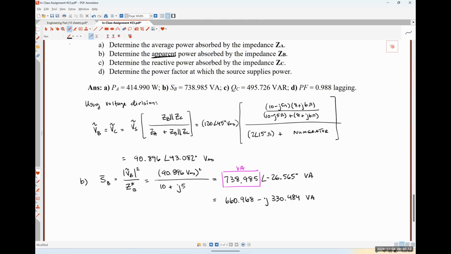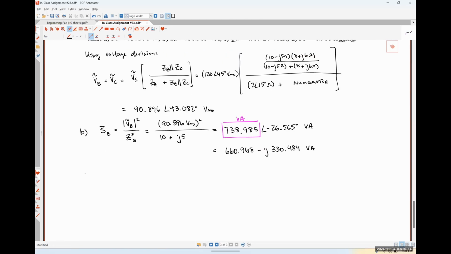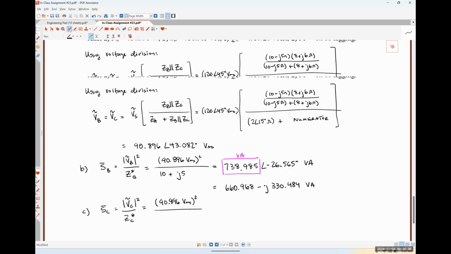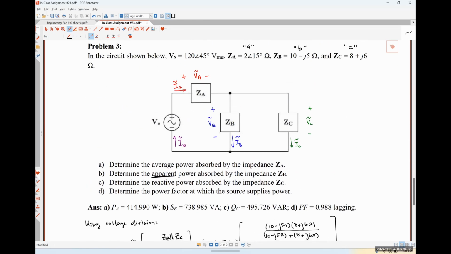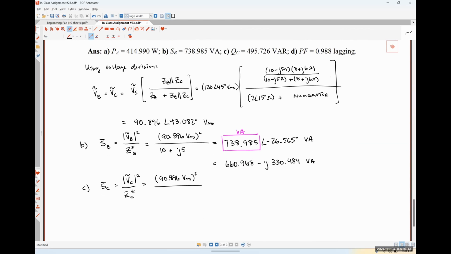For part C, something pretty similar. So that could be the magnitude of VC, excuse me, which is the same thing as VB, squared over ZC conjugate. So 90.896 volts RMS quantity squared. Let me scroll up here. So 8 plus J6 conjugate is going to look like 8 minus J6.